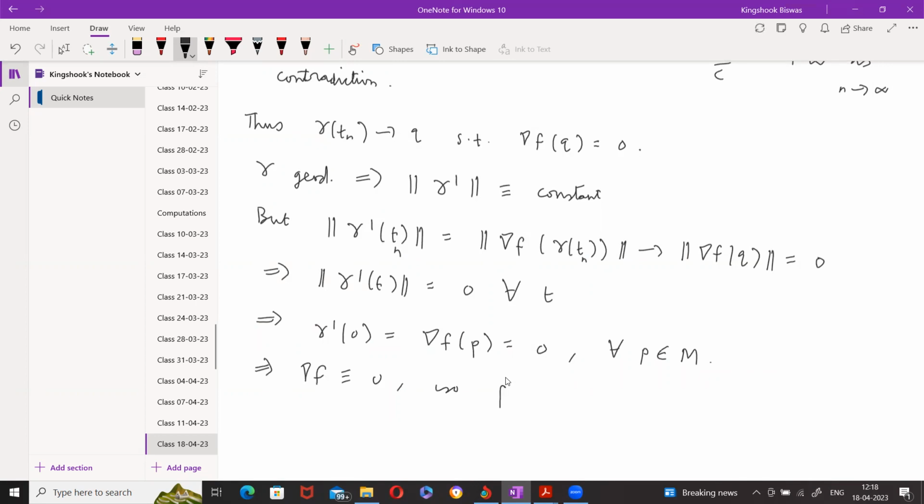Okay. Is this all right? P was arbitrary, I started with any P. Is this clear? Okay. All right. So let's stop this session and start a new one.